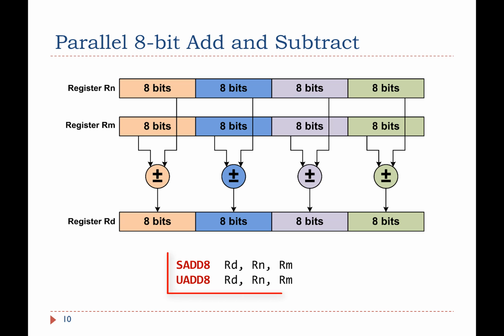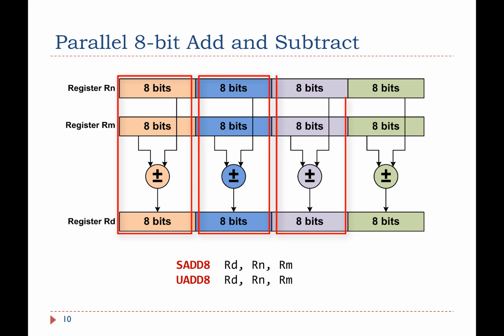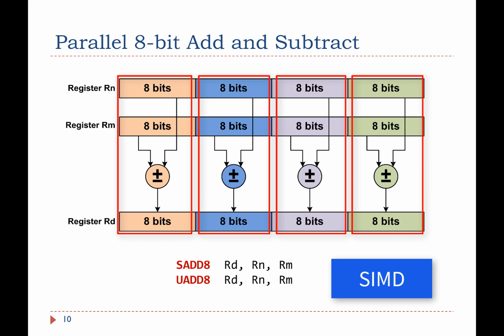We can use SADD8 or UADD8 to add 4 pairs of signed or unsigned fixed point numbers in one clock cycle. Such instructions are called single instruction multiple data, SIMD, which perform the same operation on multiple data operands concurrently.